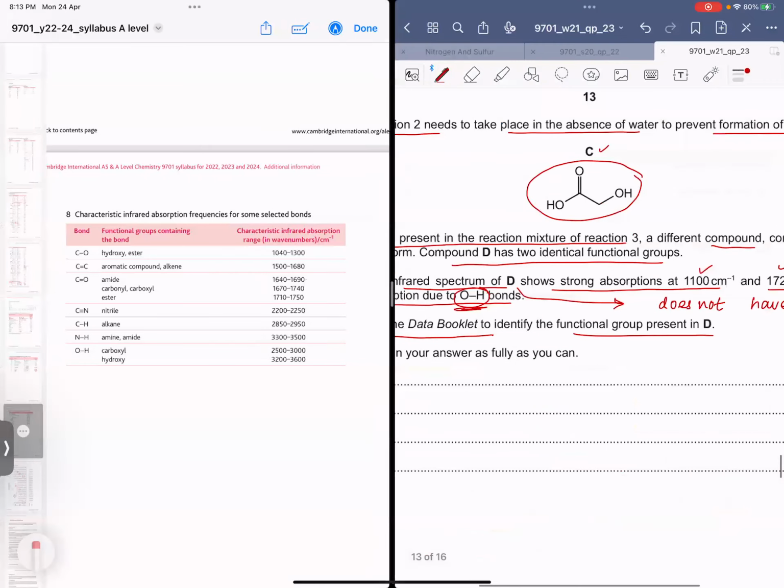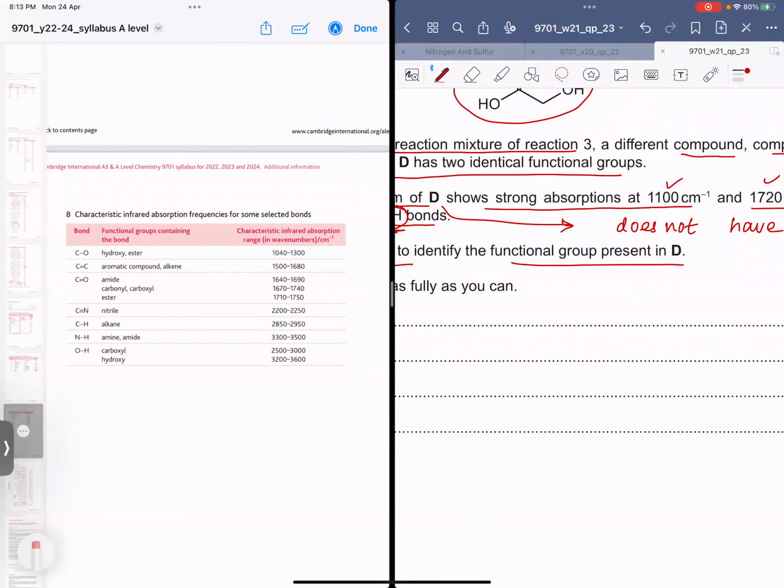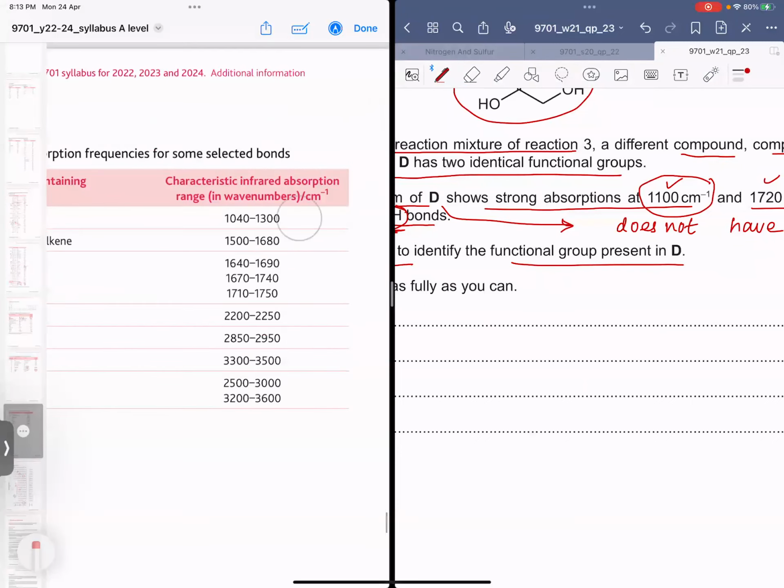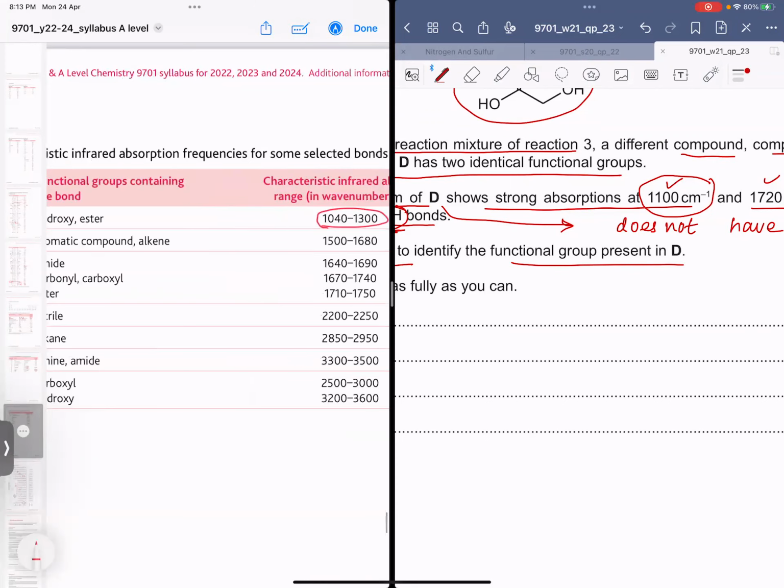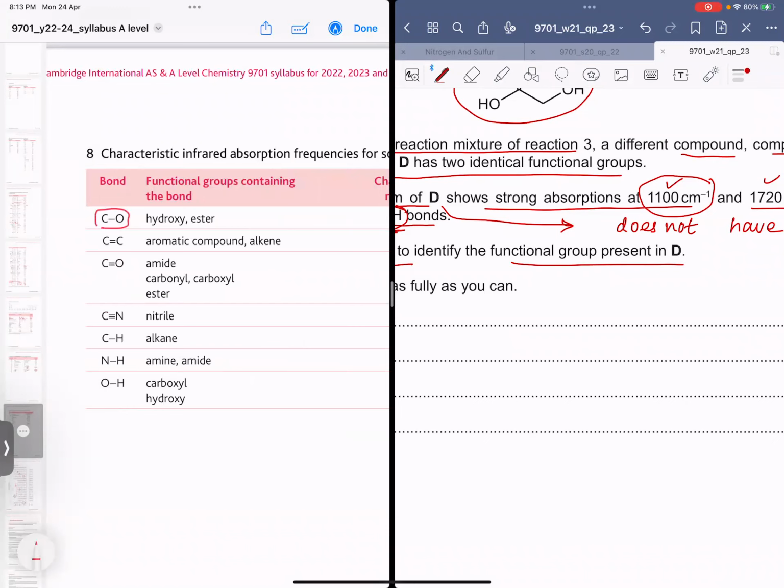They are saying that there is a strong absorption at 1100 cm⁻¹. This 1100 falls in the range from 1040 to 1300, which is due to the carbon-oxygen single bond, right?